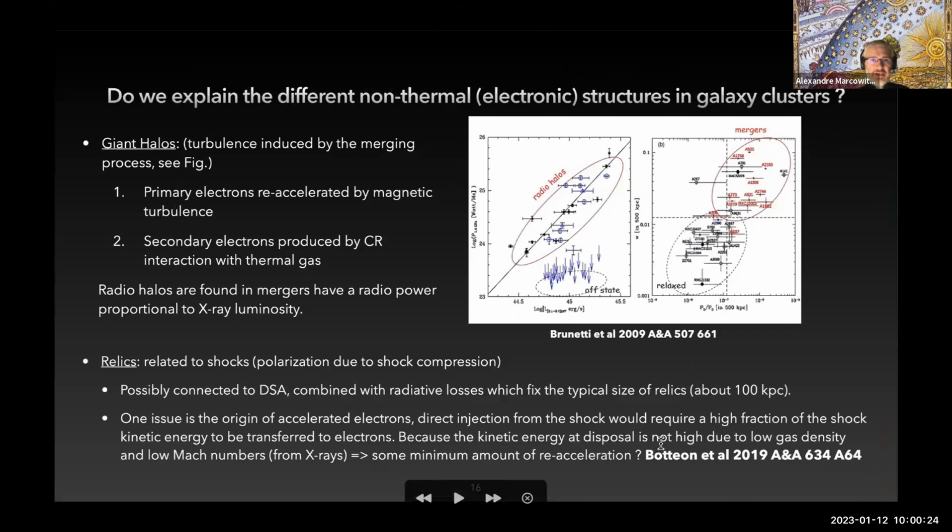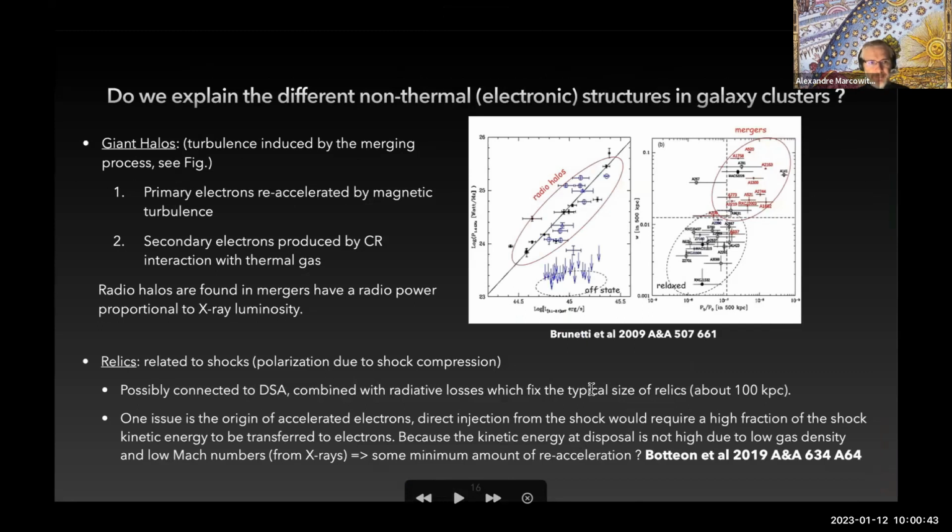So can we explain this non-thermal structure? We have some difficulties doing it. Here I show you an attempt to explain giant halos, for instance, which are thought to be produced by the turbulence induced by the merging process.